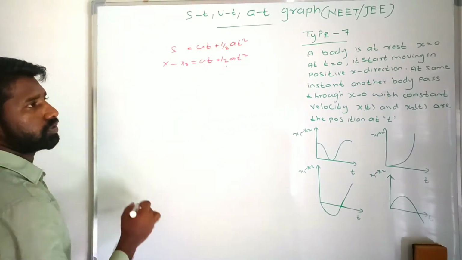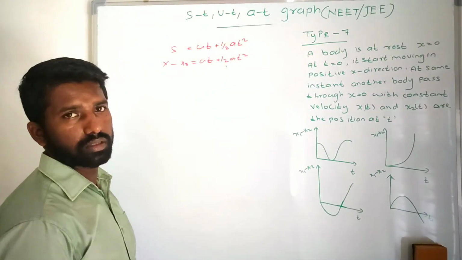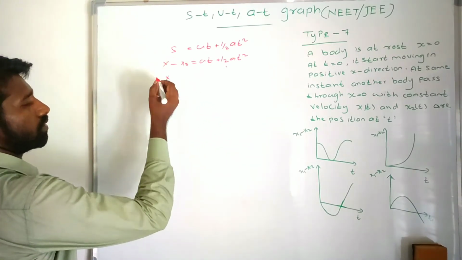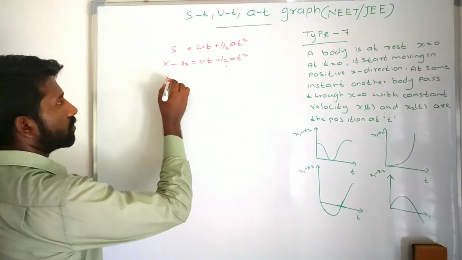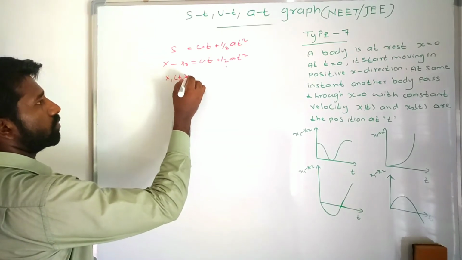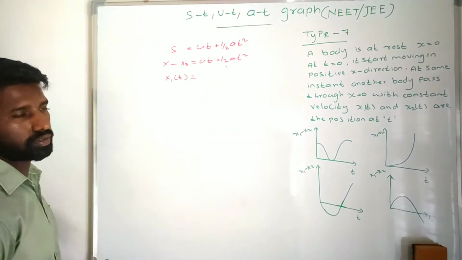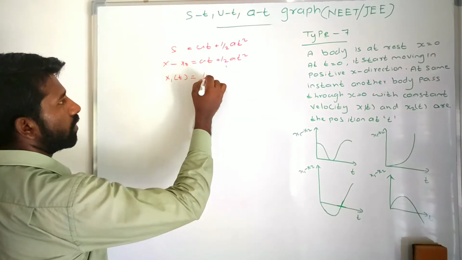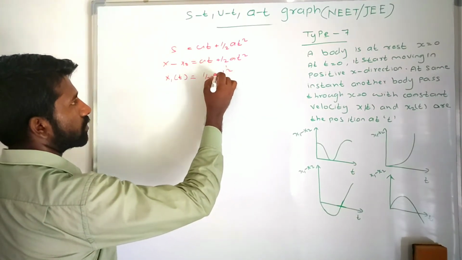What about the initial position? It is given that x is equal to 0 at t is equal to 0, so this is 0. And I am finding it at time t. So x1 of t is equal to, what about initial velocity? It starts from rest, so u is also 0. Half at square you will get.